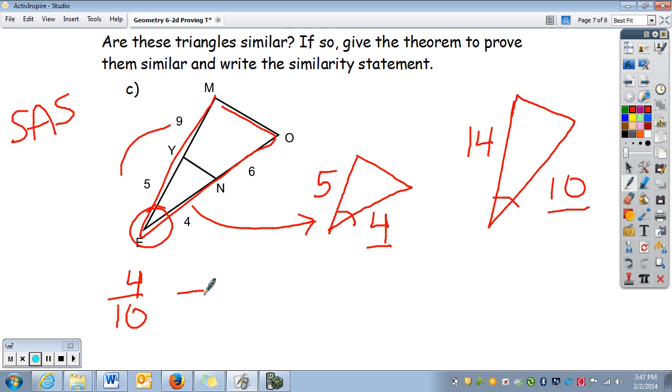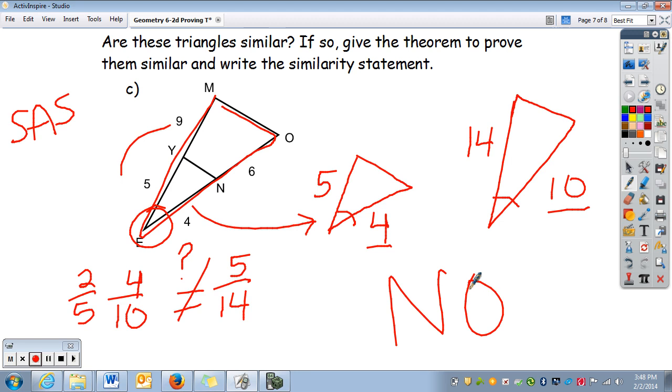Is that equal to 5 over 14? Well, 4 over 10 does not equal 5 over 14, because it's 2/5, which does not reduce down to the same. They should reduce down to the same. So again, the answer is no. It looked like it's pretty close, but it's not.